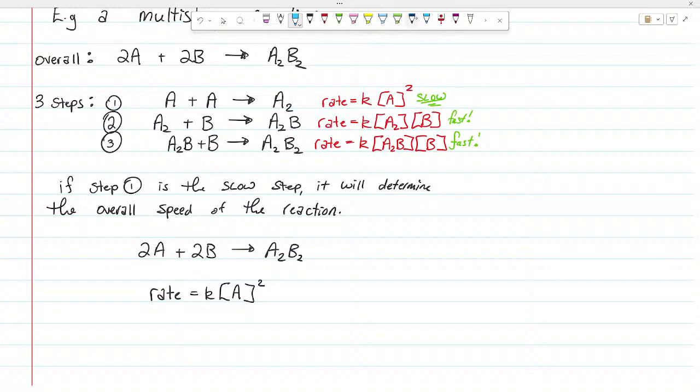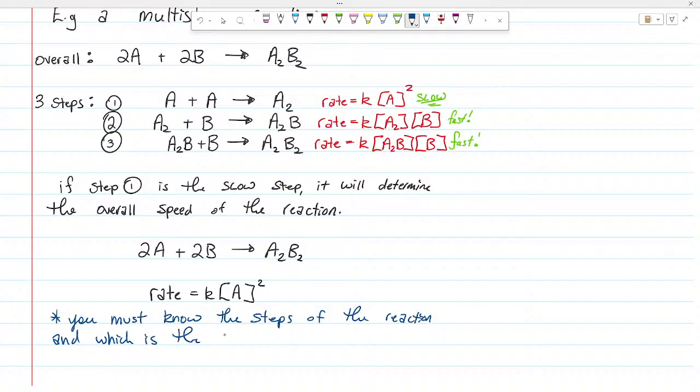You must know the steps of the reaction, and which is the slowest, to do this theoretically.